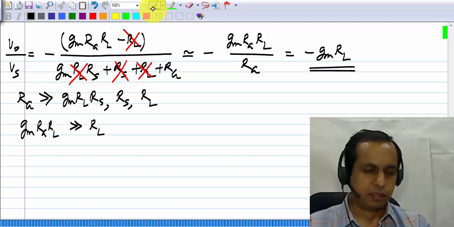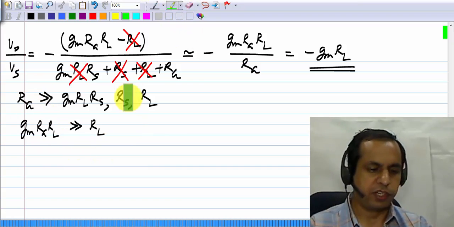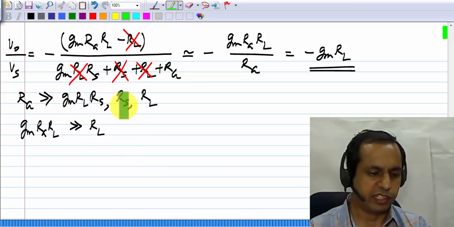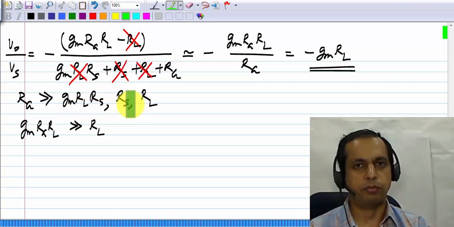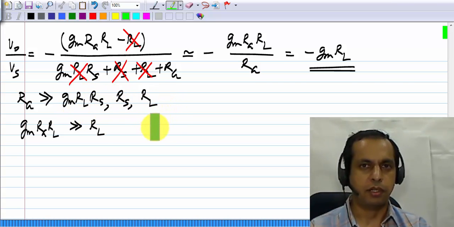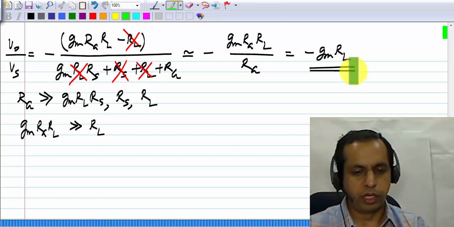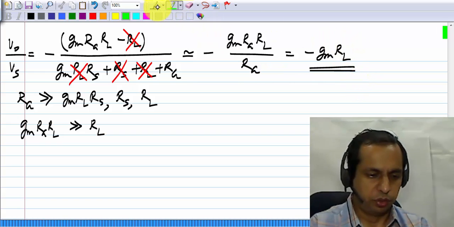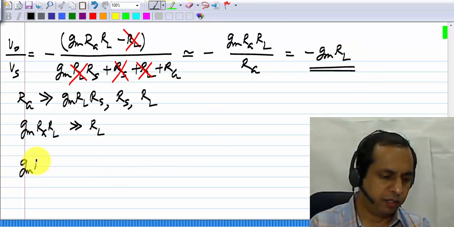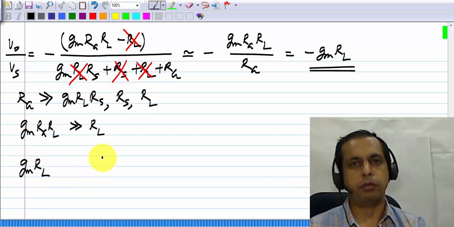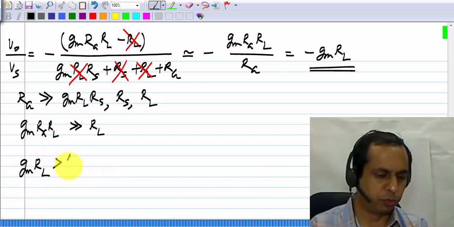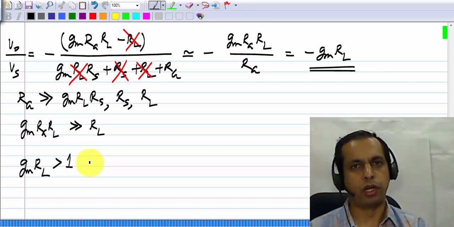How large should it be? It should satisfy these two constraints. But actually we see that if you satisfy one of them, the other will be automatically satisfied. So first of all, we are looking at an amplifier, so the quantity GM RL itself can be expected to be much more than 1. It's definitely more than 1, it could be substantially more than 1.